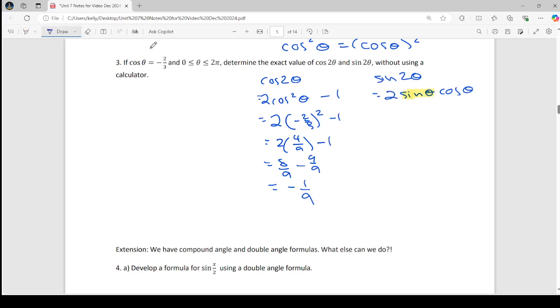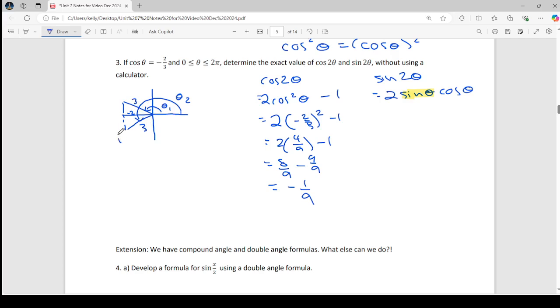So let's go back and draw this angle. Cos will be negative in quad 2 or in quad 3. So we'll have theta 1 and theta 2 options. To turn this into our triangles for SOHCAHTOA, we've got the cos of negative 2 along the x. 3 is your hypotenuse.